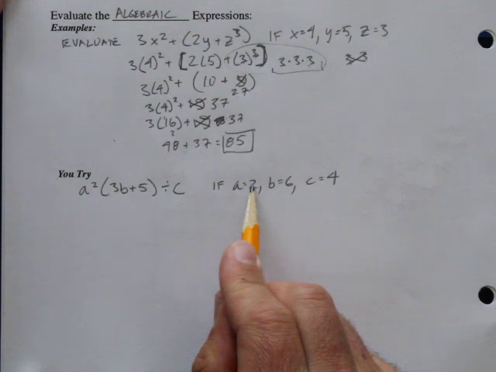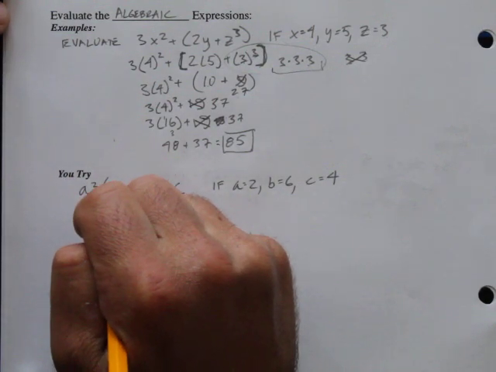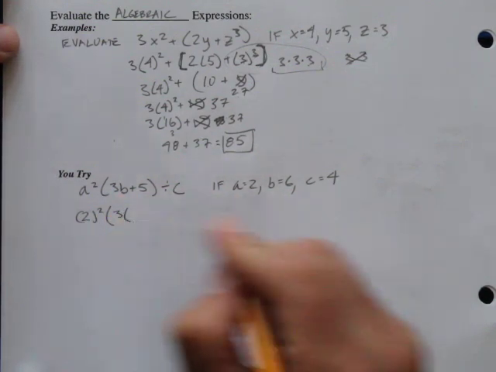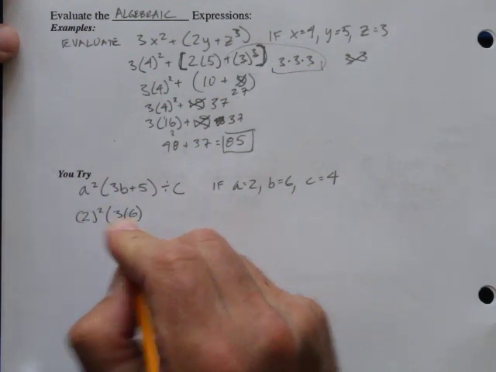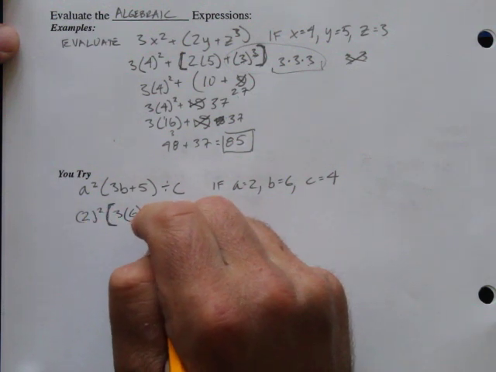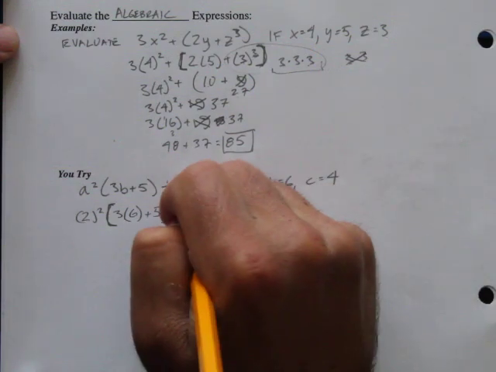So a is 2, so 2 squared times 3 times b, which is 6. So I should do a hard bracket here. Plus 5 divided by c, which is 4.